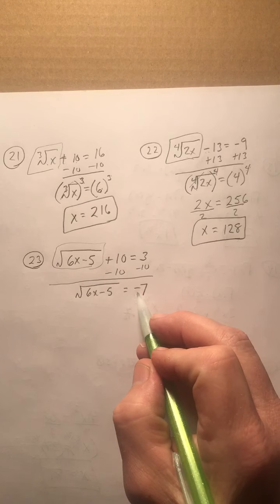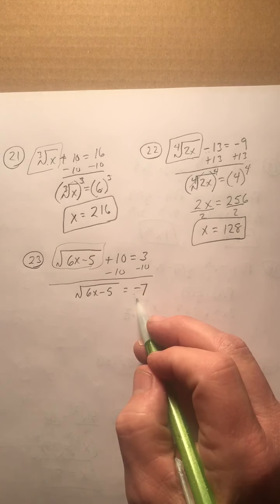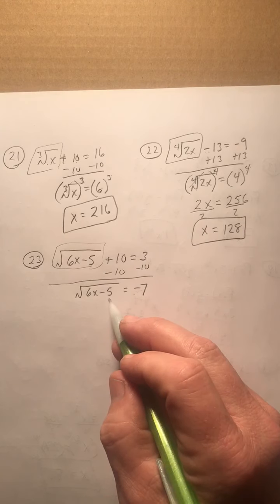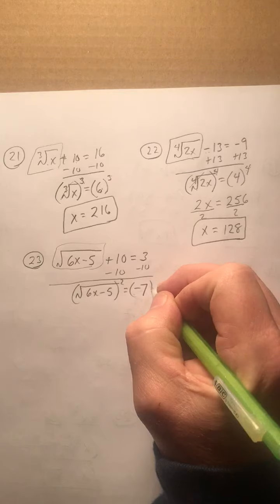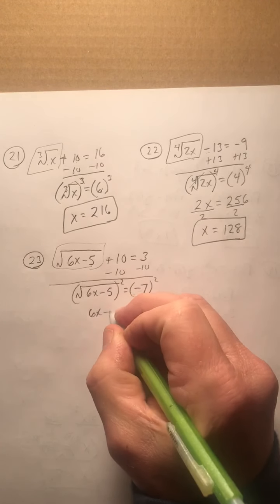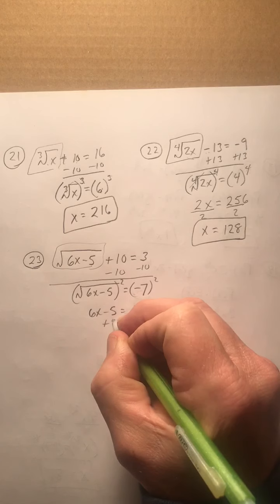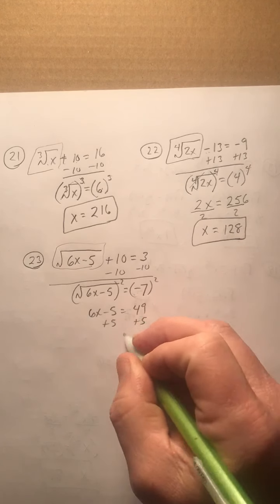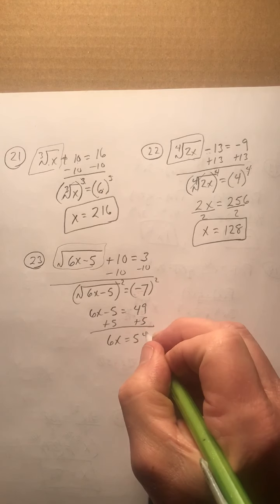All right. If you continue this and you solve it, the answer you're going to get is going to be extraneous. But if you continued on, you would square both sides, and then you get 6x minus 5 equals 49. You would add 5, and it gives us 6x equals 54.